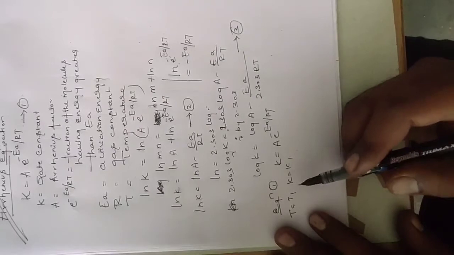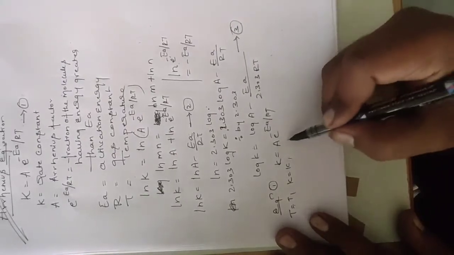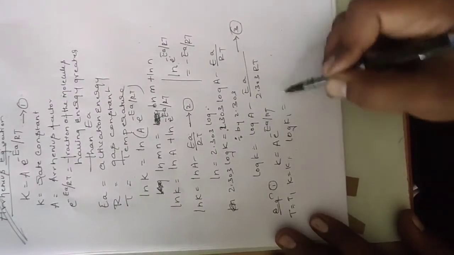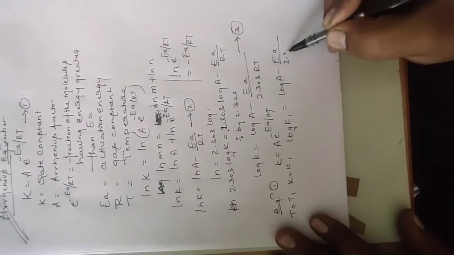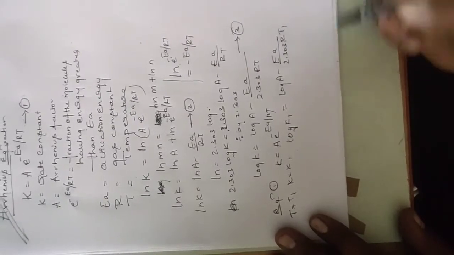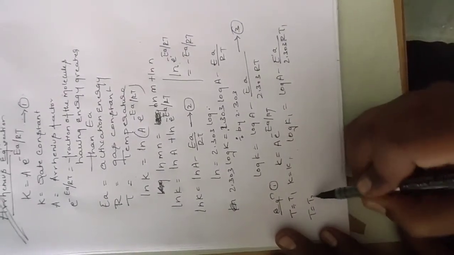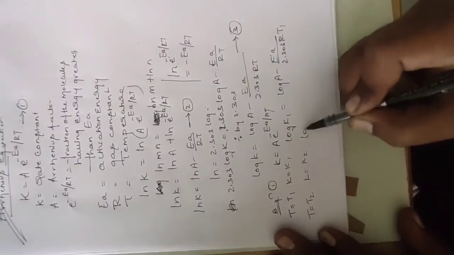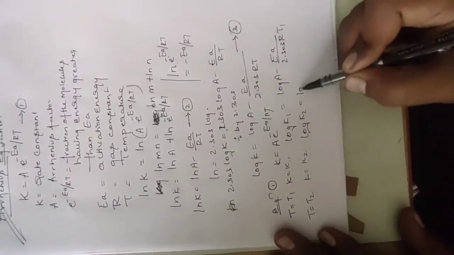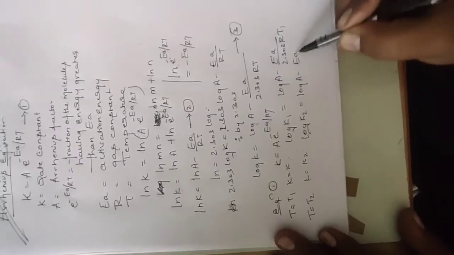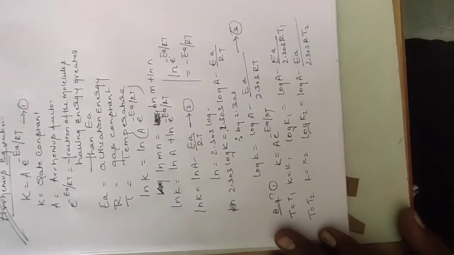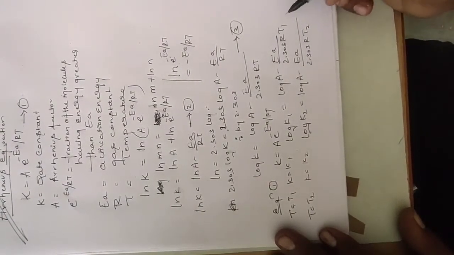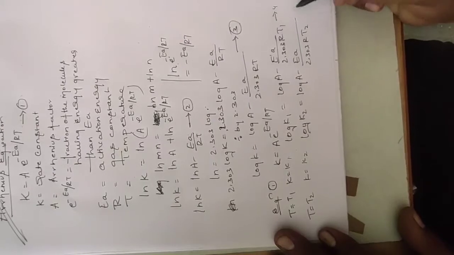Temperature changes, so the rate constant also changes. Then log k1 is equal to log A minus Ea by 2.303 RT1. Similarly, if T is equal to T2, k2, log k2 is equal to log A minus Ea by 2.303 RT2. These are equations 4 and 5.